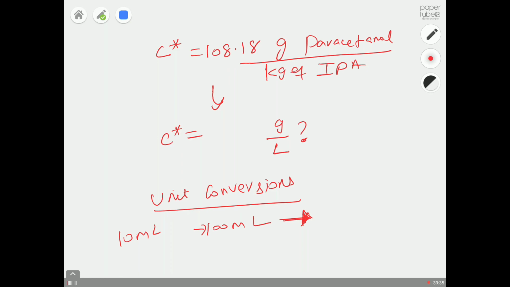So in industry, before starting anything at production scale, they will try to scale the whole process in small scale reactors, starting from 10 milliliter, 100, and then 1 liter, 10 liter. Then finally, if everything is fine, they might go to an industrial scale reactor. So that's why unit conversions are really important.